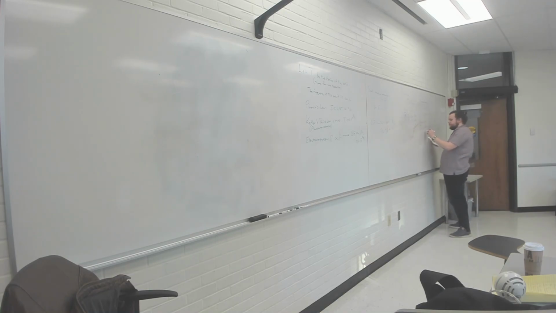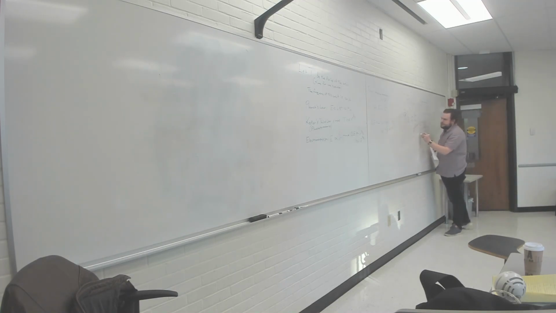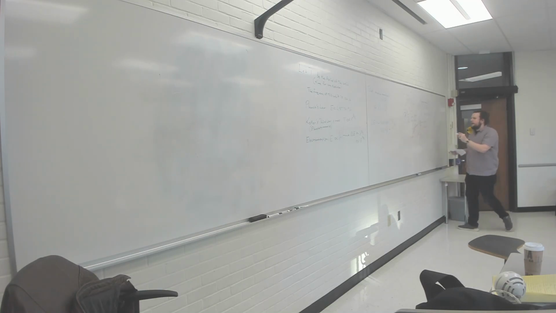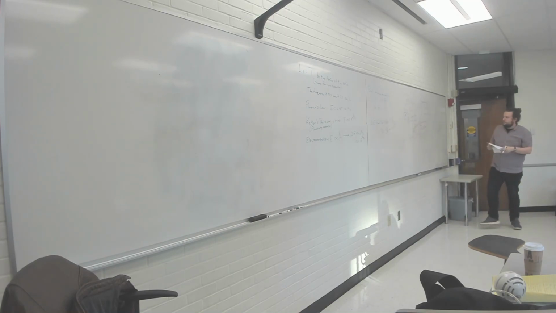The centripetal force is the mass times velocity squared over r, and the electromagnetic force is some constant, so I'm just going to write it as big K over r squared. There are some constants in here, and I'll define them later. And so you can solve for v here. The velocity is the square root of K over m r. Once you do the algebra, that's what you get.